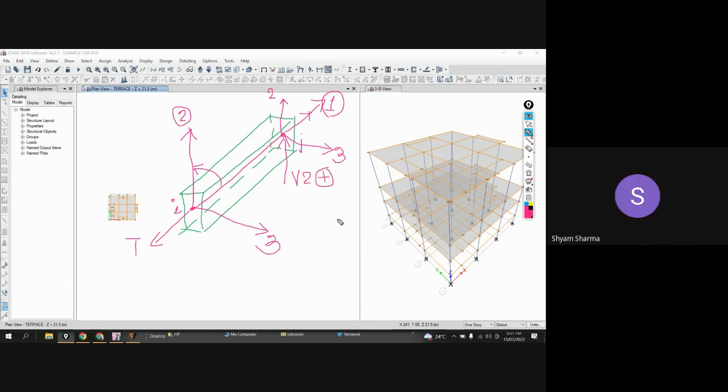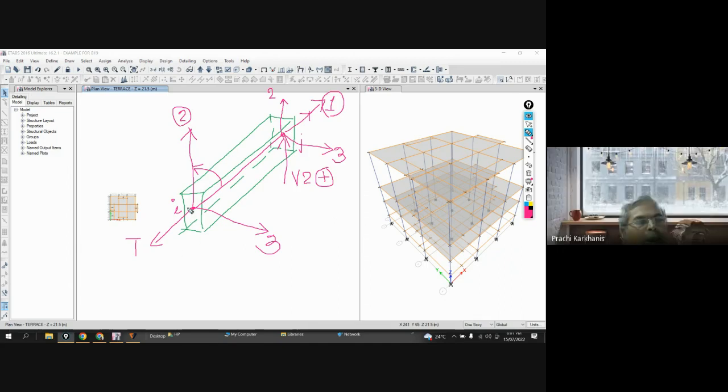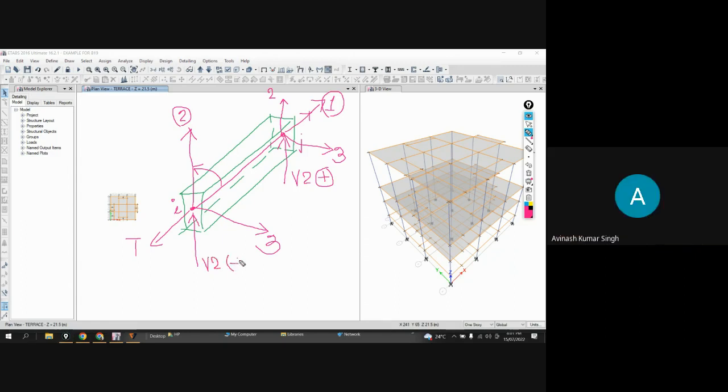And at the I end, if the shear is upward, it will be considered as V2, but it will be negative.